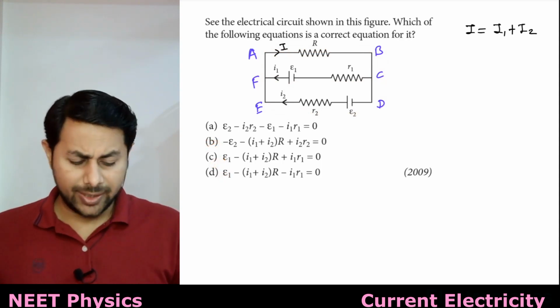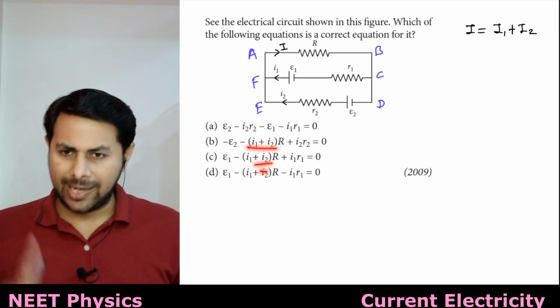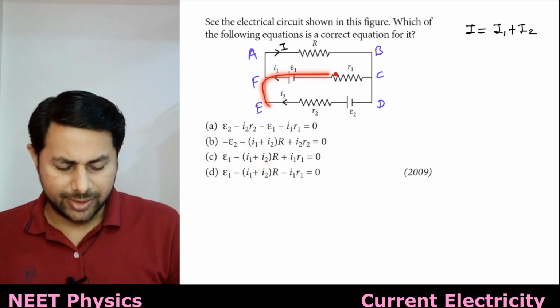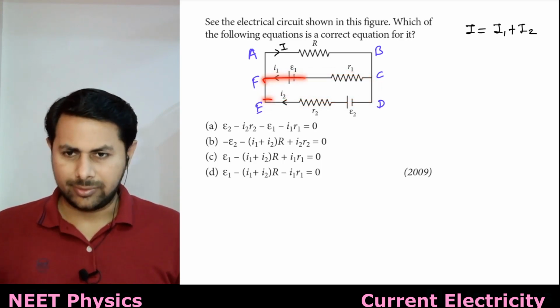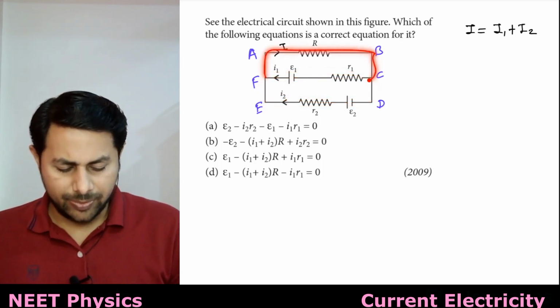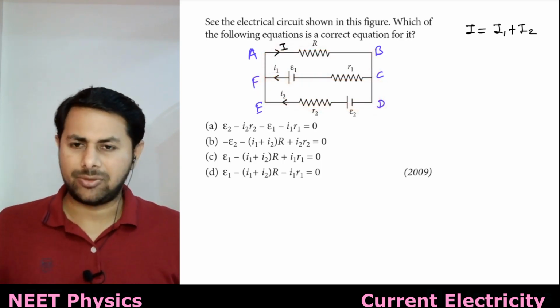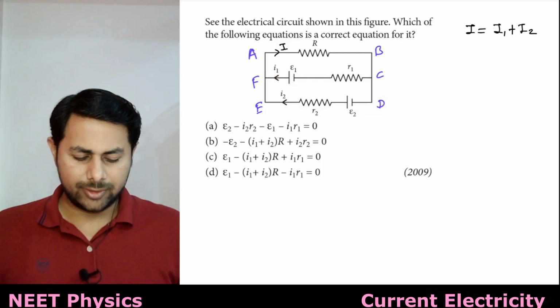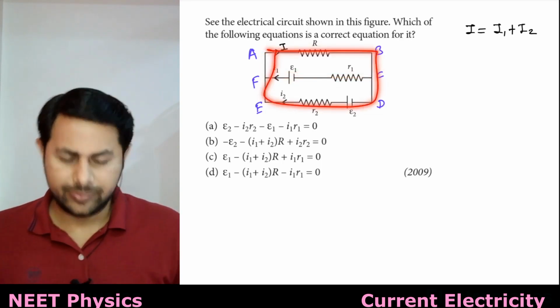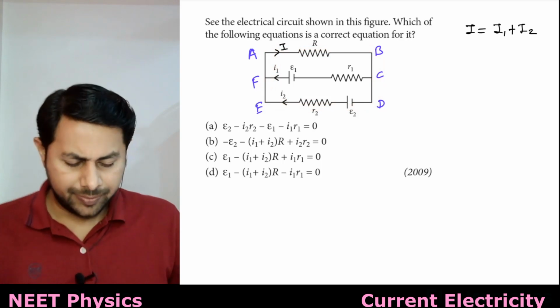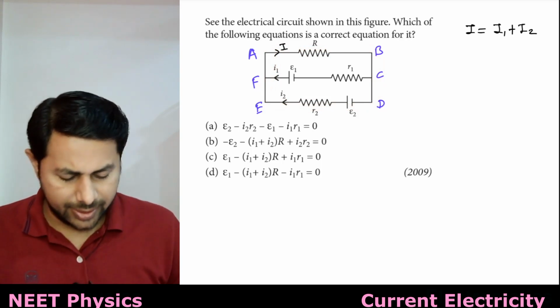If you take this loop, there is no I1 plus I2; there is I1, there is I2. But if you take this loop or this loop, I1 plus I2 will come. So let's take this first loop.